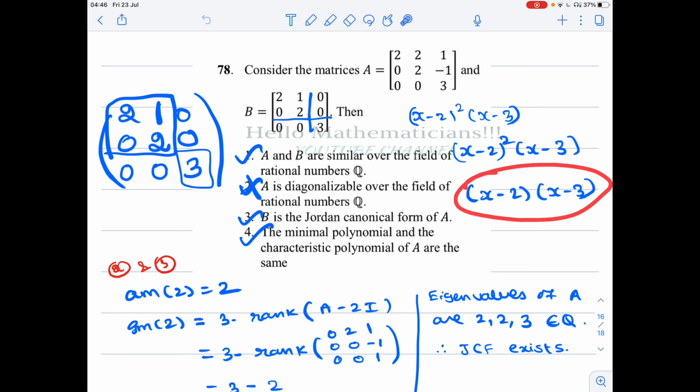If this is the minimal polynomial, it is a product of distinct linear factors, right? Therefore, if a minimal polynomial splits into distinct linear factors, that means the matrix is diagonalizable. But we just saw that the matrix is not diagonalizable. Therefore this cannot be the minimal polynomial. This should be the minimal polynomial, but this is already the characteristic polynomial also. Therefore, the last option is also true.